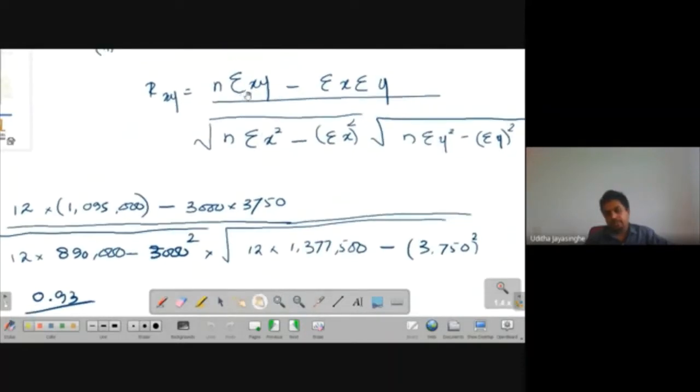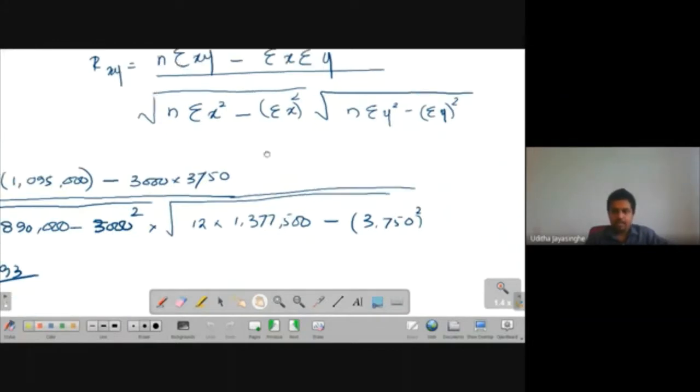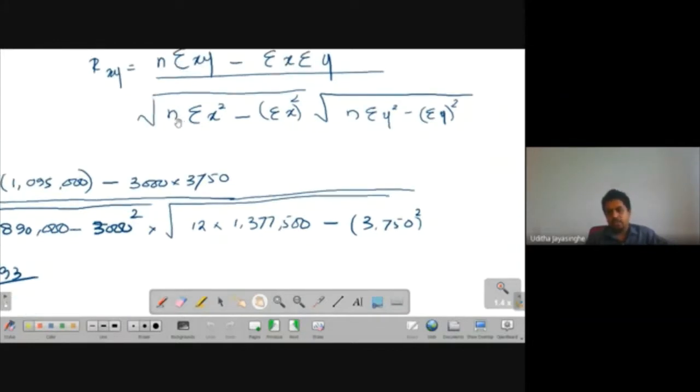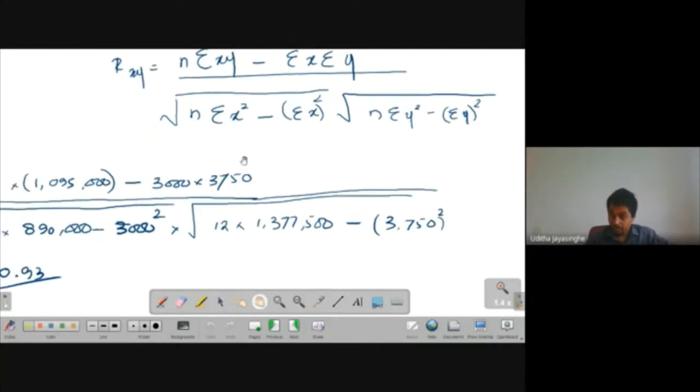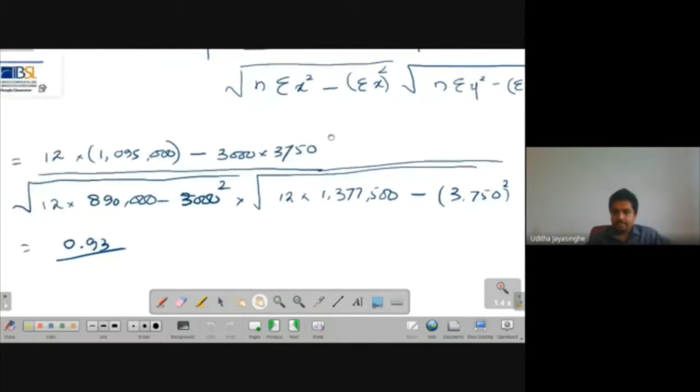Rxy is equal to n sigma xy minus sigma x sigma y, over the root of n sigma x square minus sigma x whole square. Now this is where you have to be careful about when to take the square values and when to square it yourself. See the application.